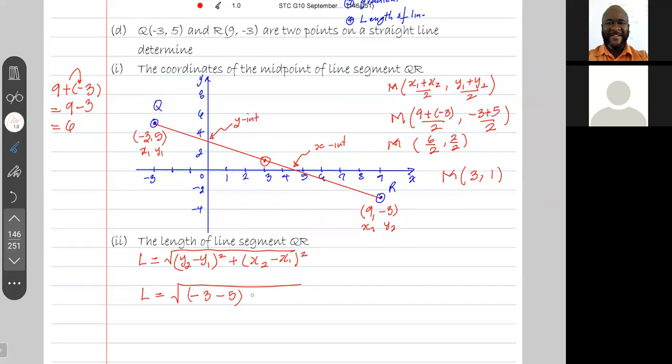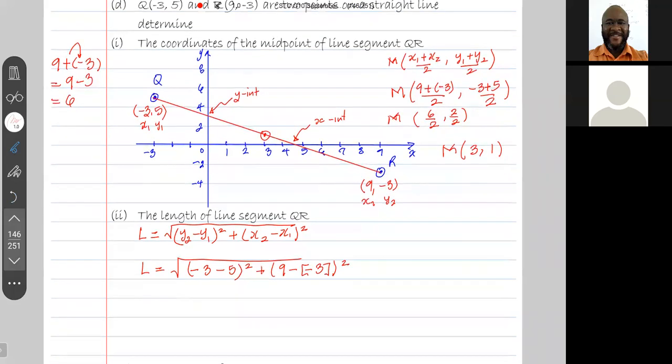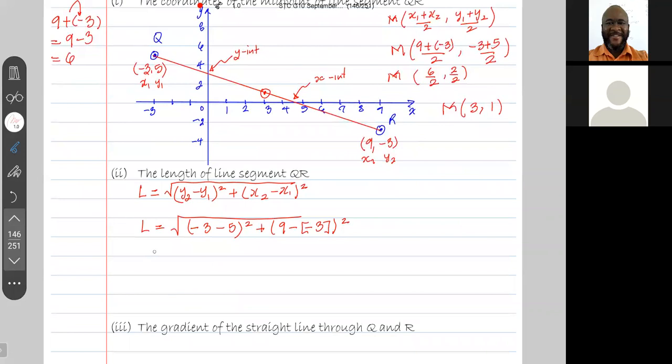Put the values in carefully, correctly, and calculate. Plus x2, 9, minus x1, which is minus 3, so this is minus 3 squared. You have to be careful. Don't make mistakes with your calculation.